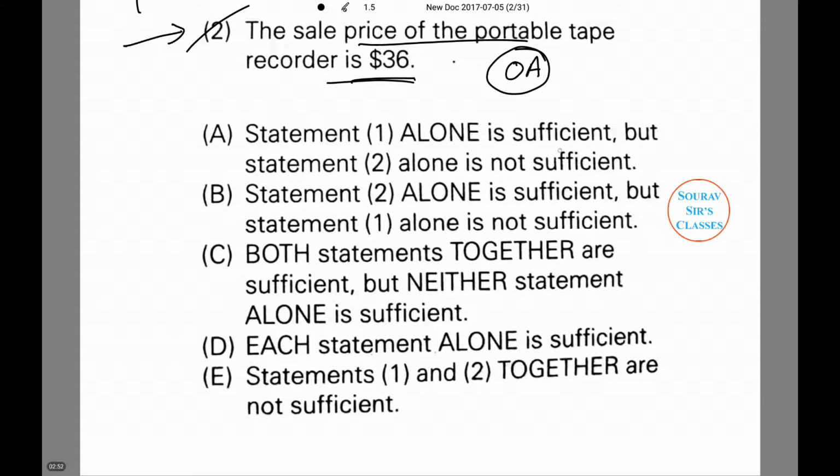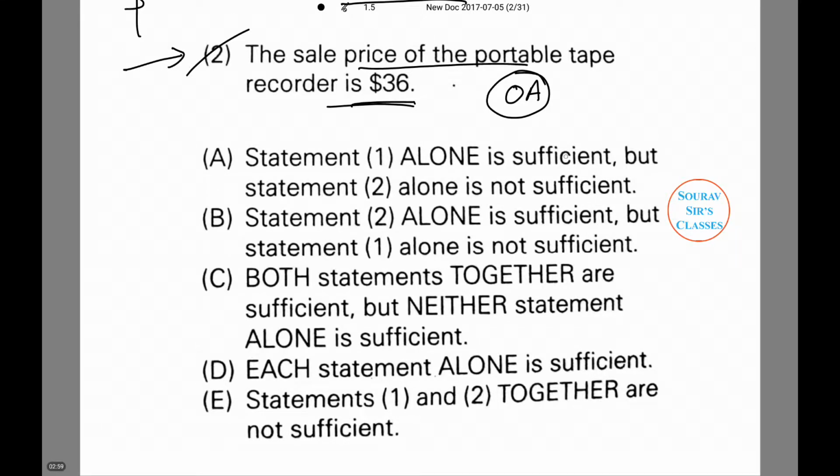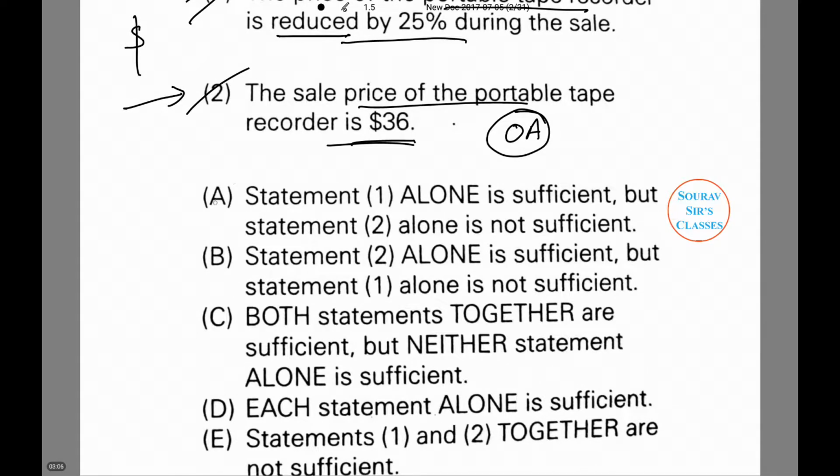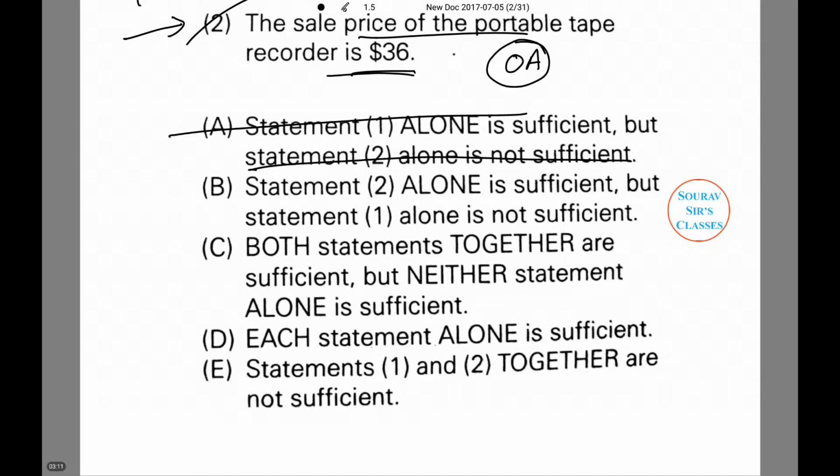Statement 1 alone is sufficient, but statement 2 alone is not sufficient. This is not true, as we saw that we don't know how much the amount of reduction is from the first statement. So let us cross out the first option and D. Now we are left with B, C and E. Now looking at statement 2, we don't know the original amount or the percentage of reduction.